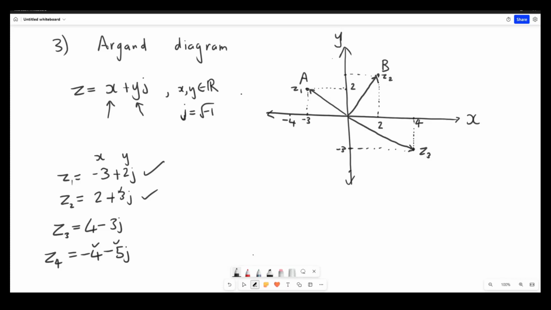Then we can just interpolate, so that we end up with this number. And this dot here represents that complex number Z4.